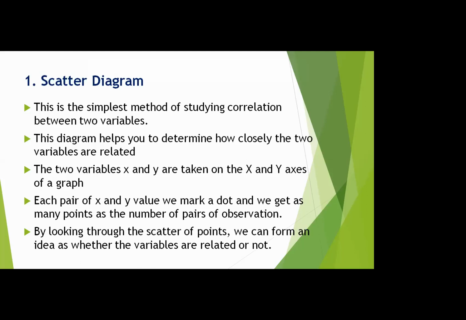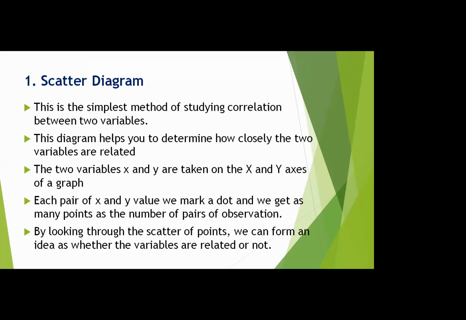While discussing diagrammatic and graphical presentation of data, one question arises: how many dots or points will be there? Whatever the number of pairs in the data, that many dots we should draw in a scatter diagram.